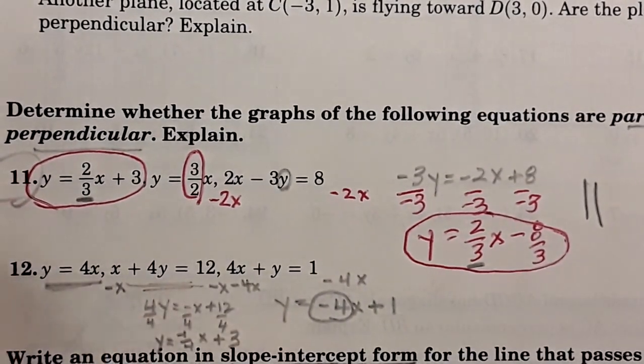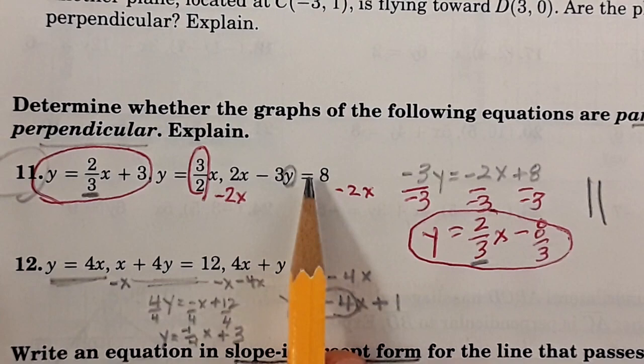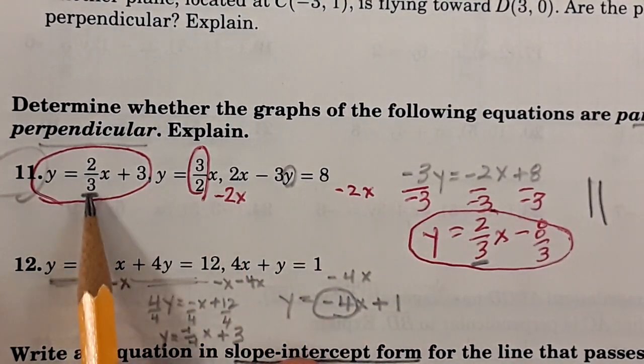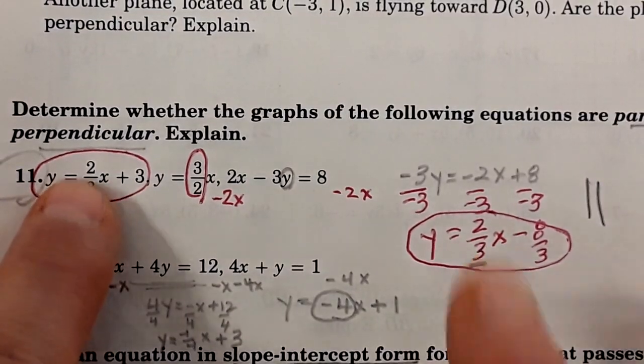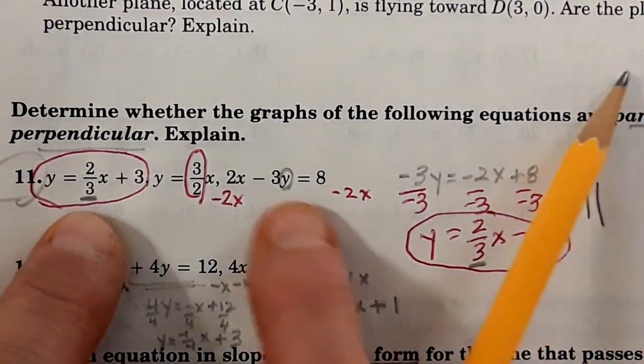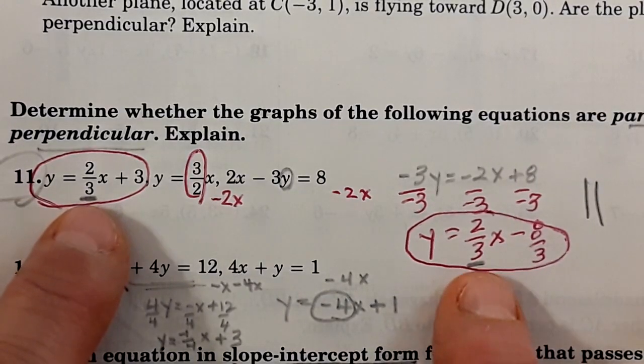Okay, so let's look again on number 11. Do you see that slope is 2/3? What other line, this one or this one, is 2/3? It's right here, right? So the first and the third equations have the same slope, so they're parallel.